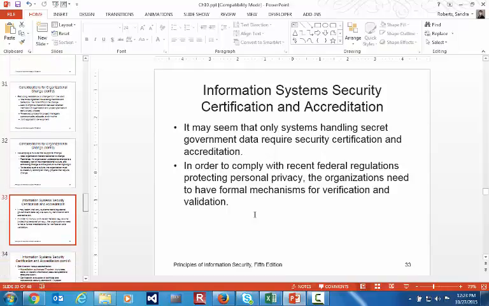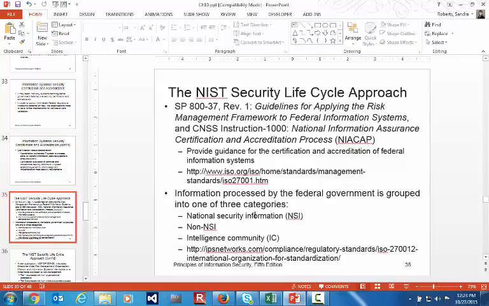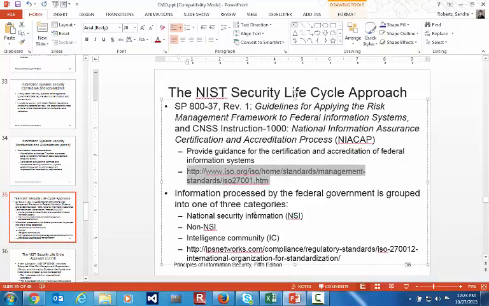Now we're going through a lot again of the same organizations that we've seen: the information system security certifications and accreditations. There's the NIST, and what I did was I looked up the ISO 27001 and 27002, as you'll see when you look that up. And then the federal government, the national security information, the non-national security information.